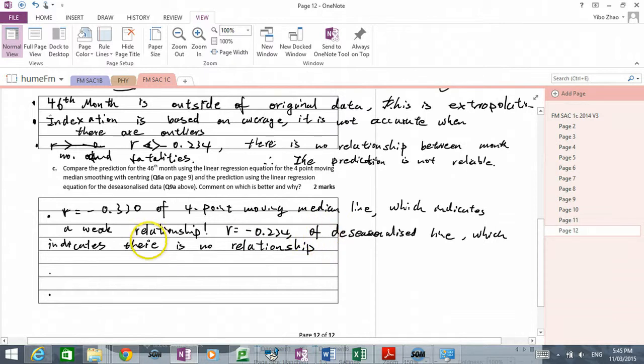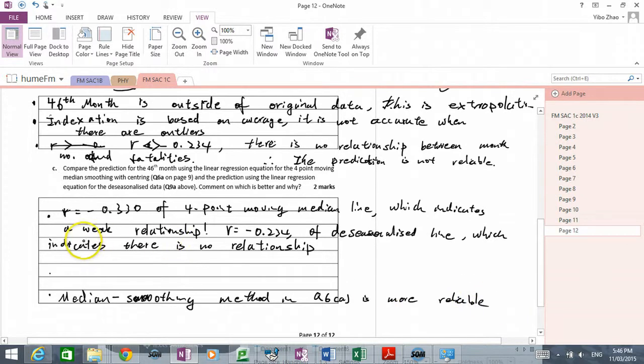After talking about R values, we can conclude the 4-point median smoothing method in question 6a is more reliable.